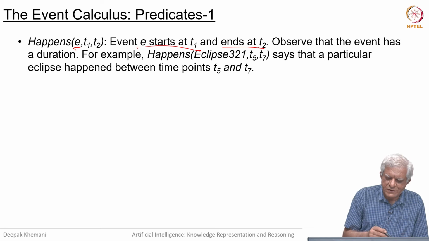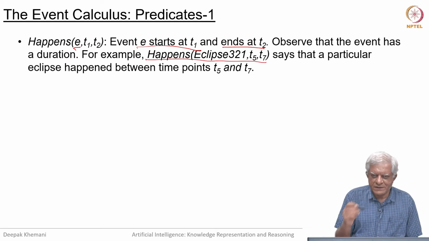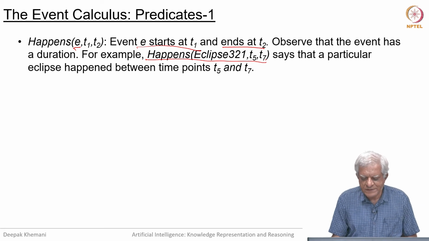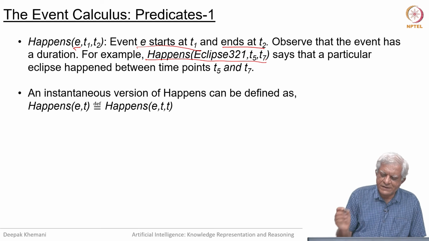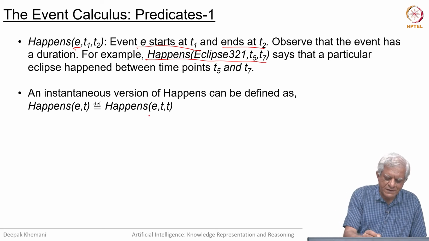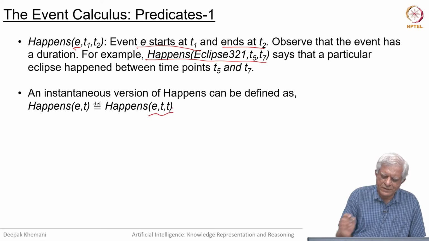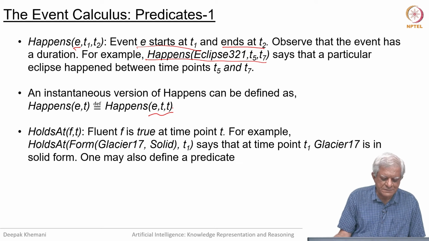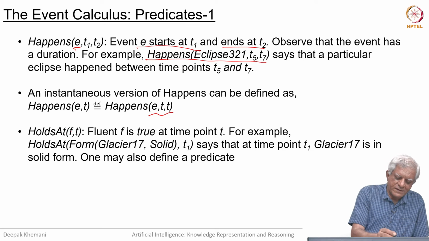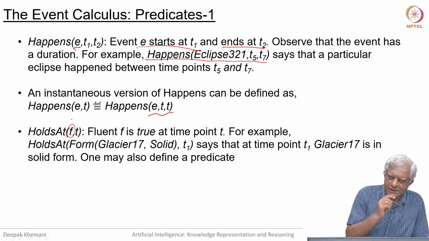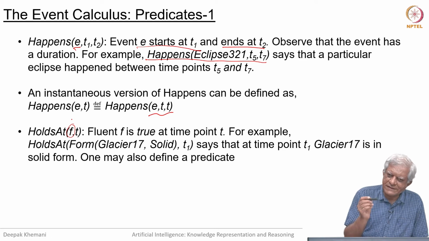For example, happens eclipse 321 starting from time point T5 to T7. We can create instantaneous versions of actions by simply saying that the start point and the end point are the same. Then holds at. Remember that F is a fluent, and now we are saying explicitly that F is true.